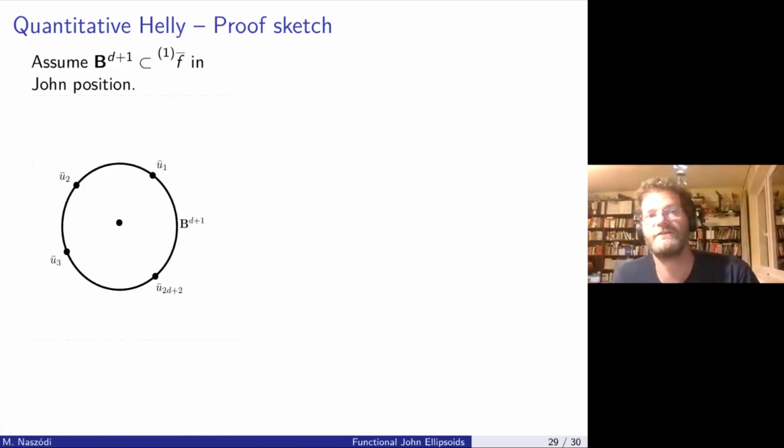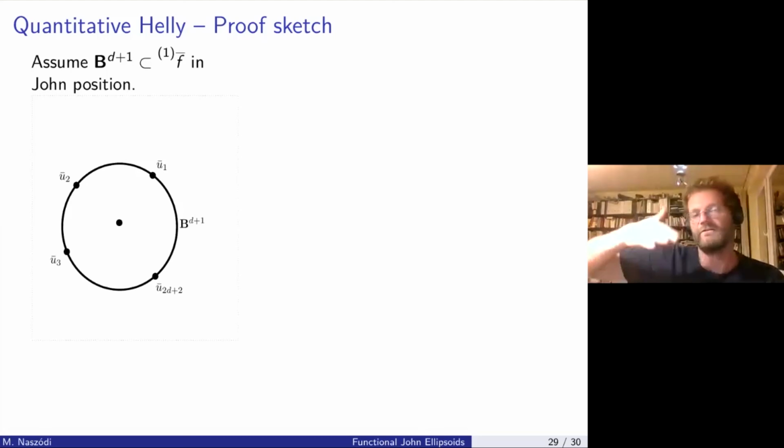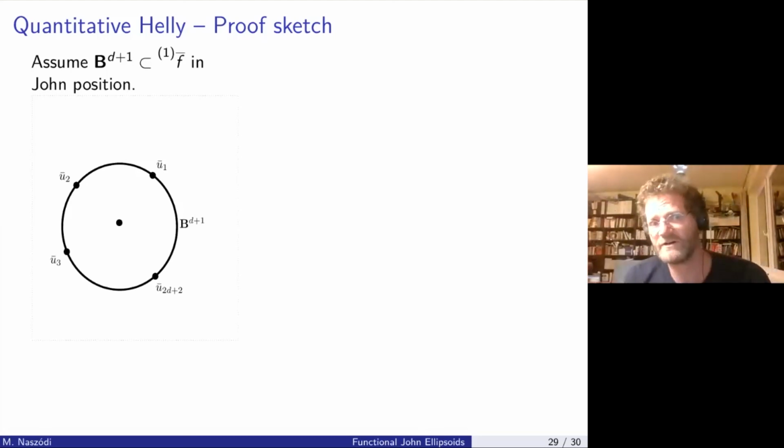And so here's the idea. We'll try to copy the proof of the d-dimensional result, the proof that gives this bound d to the 2d, but at some point we'll see that it stops.